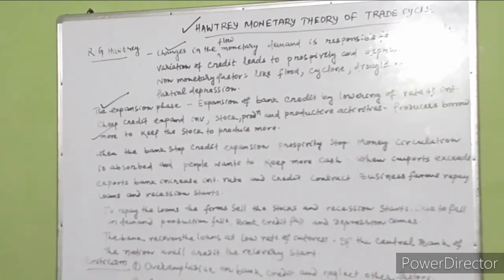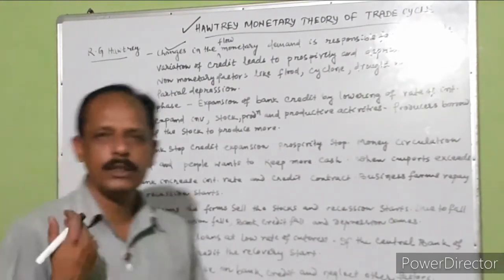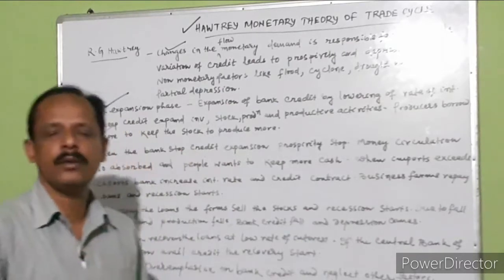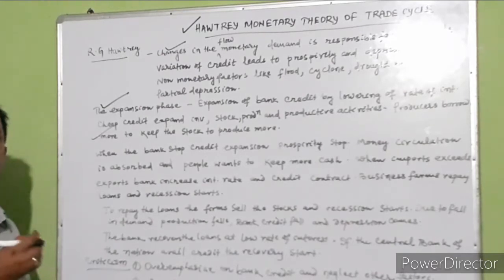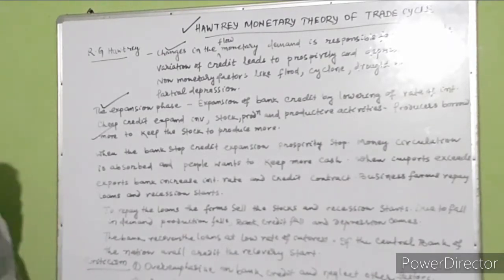So you see that the business cycle plays a prominent role in the economy, and it is operated by bank credit. Here, according to Professor R.G. HAWTREY, the non-monetary factor is least concerned with the trade cycle, whereas the monetary factor, the expansion of credit, plays the prominent role in the trade cycle.